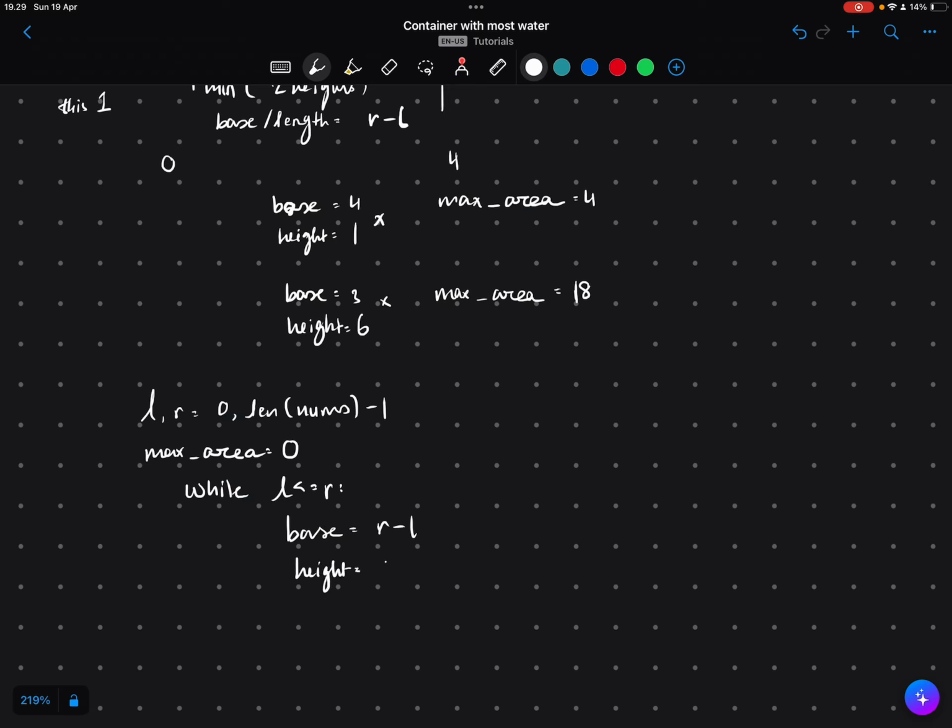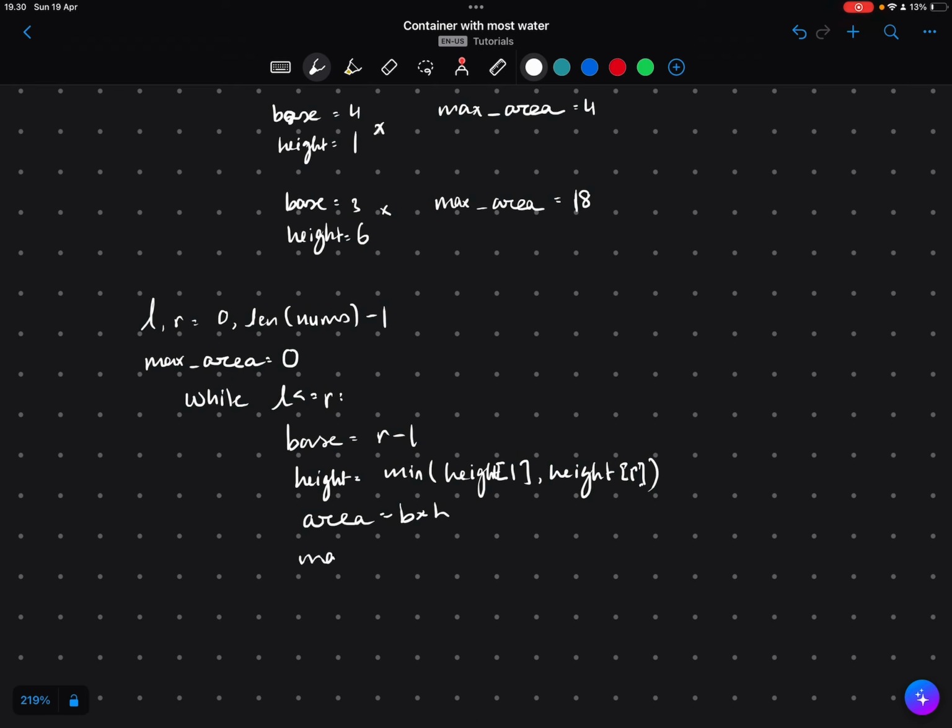And we will say height is the minimum of height L and height R. So now we get the minimum height, the limiting factor, right? Area is just base times height. And max area would just store the current maximum as this.